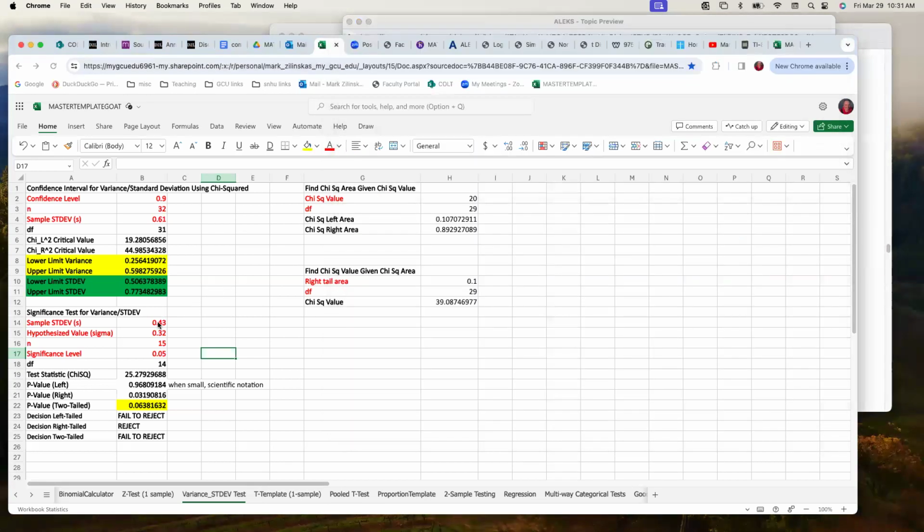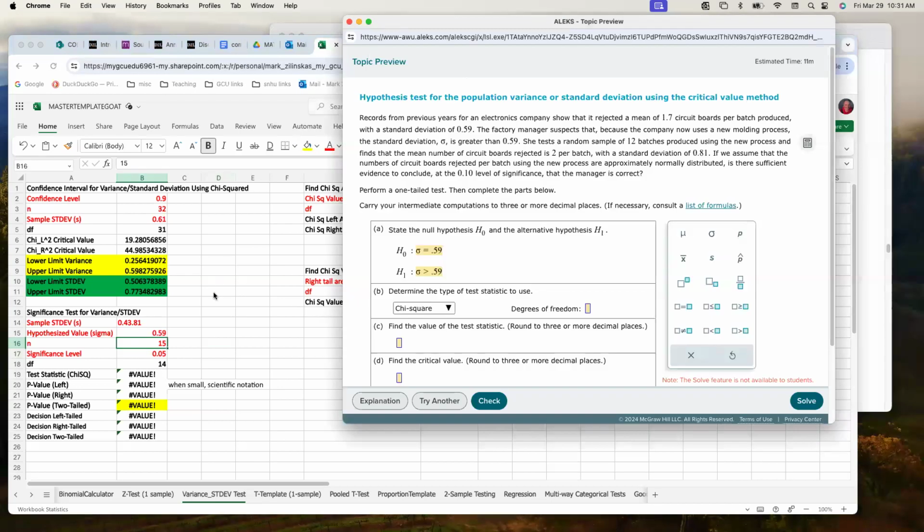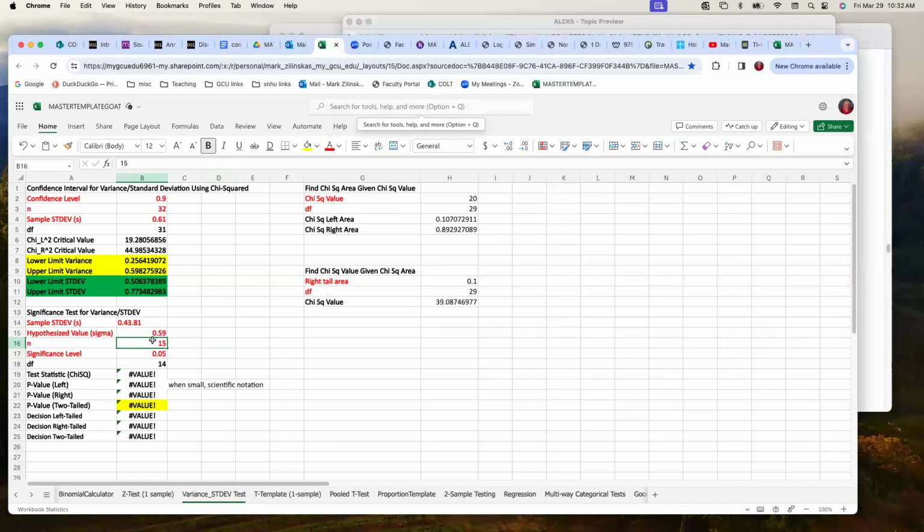I'm going to put that in here, 0.81. And this was 0.59, and our sample size was 12. Our significance level was 0.1, not that we need that right now.